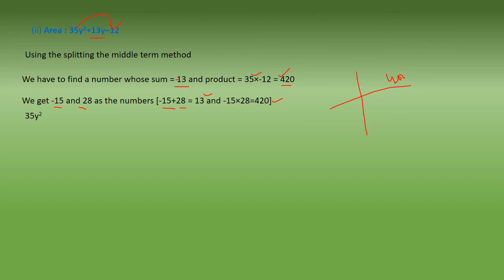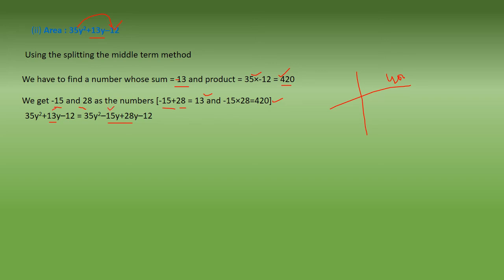We will get 35y square plus 13y minus 12 is equal to 35y square minus 15y plus 28y minus 12. If we add minus 15 and 28, we get 13y. The rest of the terms are similar, so this is equal to this. There is no difference.